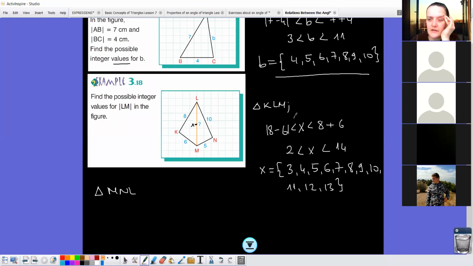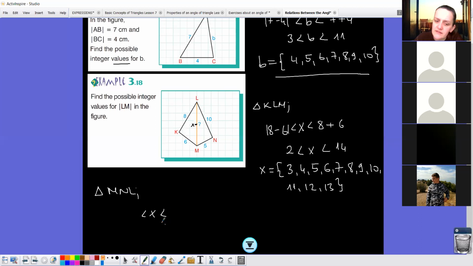Okay? Now let's do with someone else for the triangle M and L. Alexander, how will be the inequality for the triangle M and L? We will start with 10, teacher.